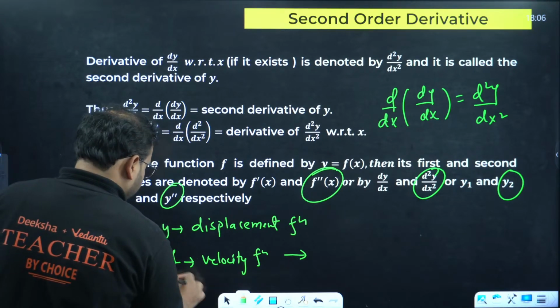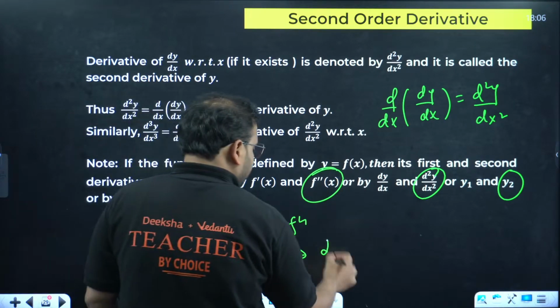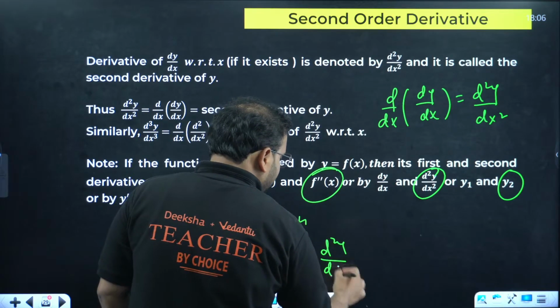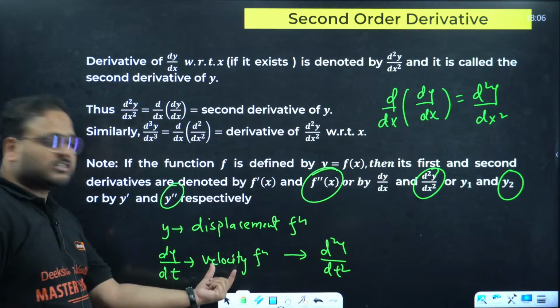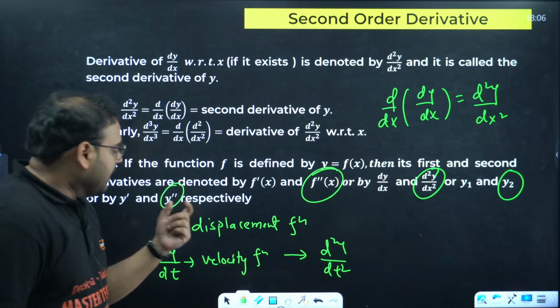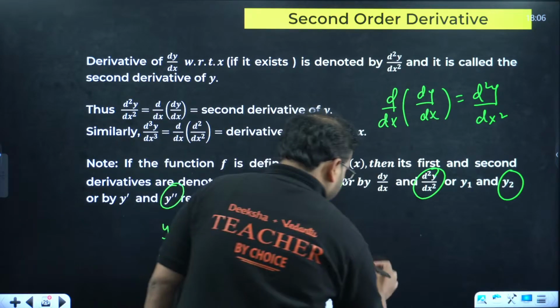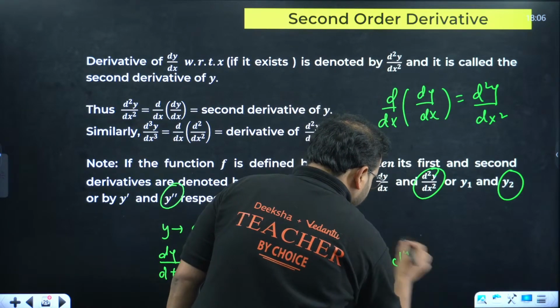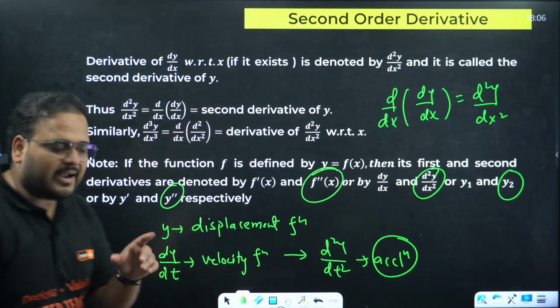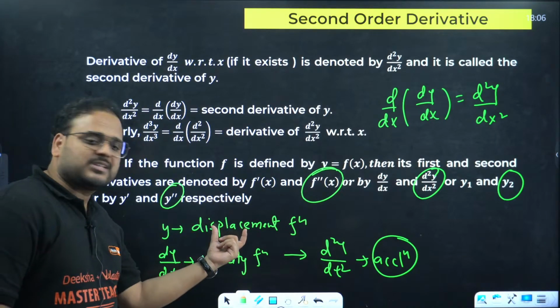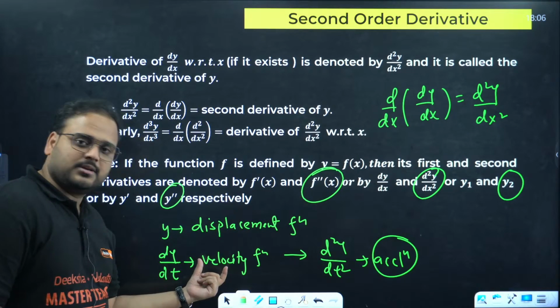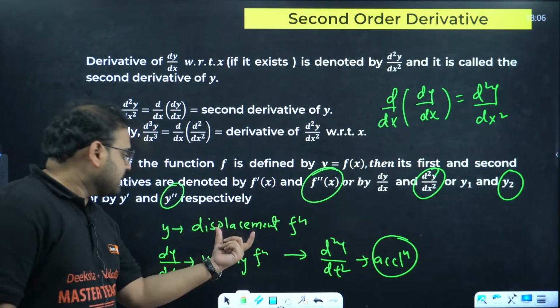dy by dt, correct. Then if I write again d square y upon dt square, means differentiate the velocity again. Remember, rate of change of velocity is called as what? Acceleration. That's called as acceleration. Correct? Rate of change of displacement is called as what?